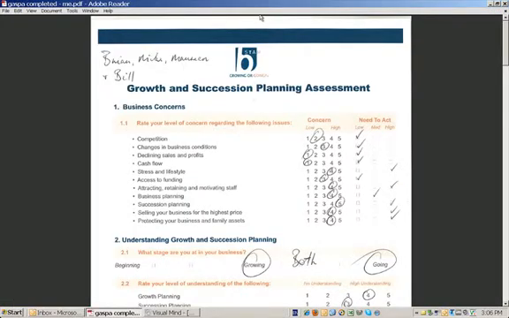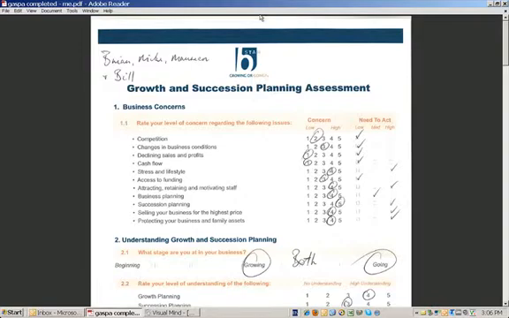So let's have a look at the Growth and Succession Planning Assessment. The example we're looking at here is used in our training sessions with our Alliance partners, and it's a real life business, an engineering business owned by 4 owners. This GASPA was completed by myself while meeting with the owners and their accountant.